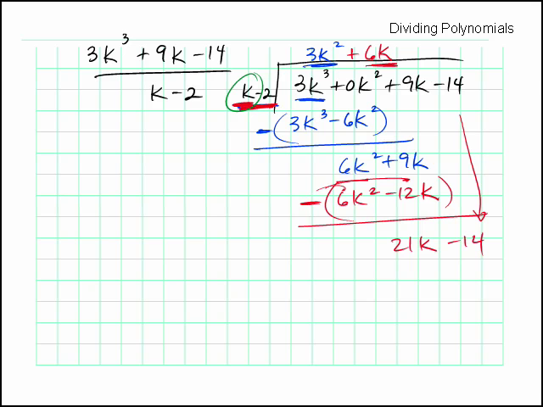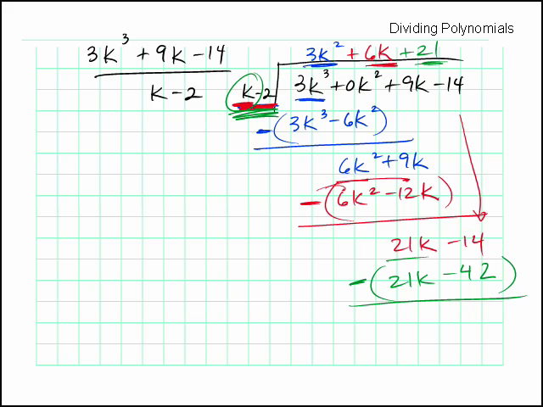How do I turn k into 21k? I have to multiply it by positive 21. 21 times k minus 2 is 21k minus 42. Draw a line and subtract.